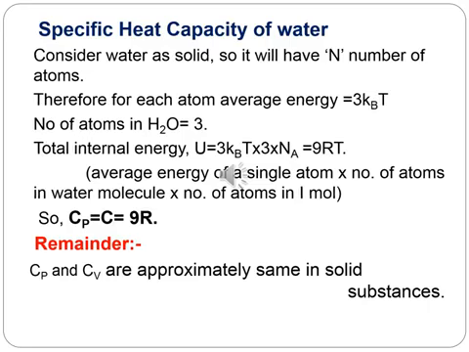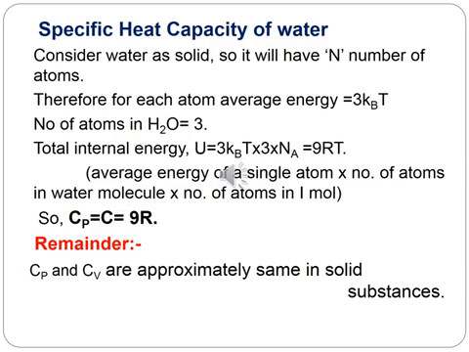Now we are going to calculate the specific heat capacity of water. Consider water as a solid, so it will have n number of atoms. Therefore, for each atom, the average energy is equal to 3 kBT. Then, the total number of atoms in one molecule of water, H2O, is equal to 3.